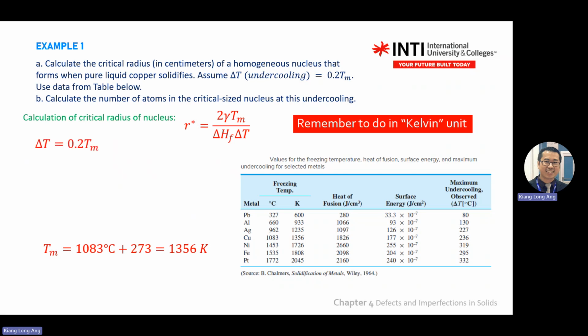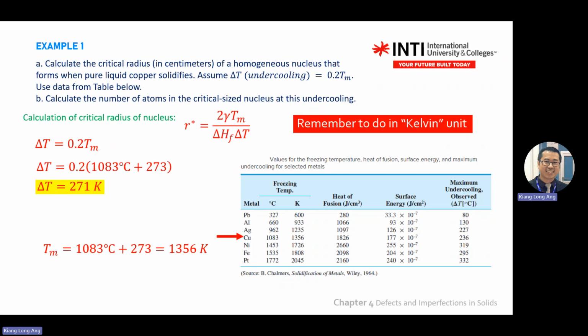Okay, so first you convert delta T equal to 0.2 melting temperature. For copper, the melting temperature is 1083 Celsius. You change into Kelvin, then multiply by 0.2, or you can straight away read from here. Some tables don't give you the Kelvin, so remember to change into Kelvin.